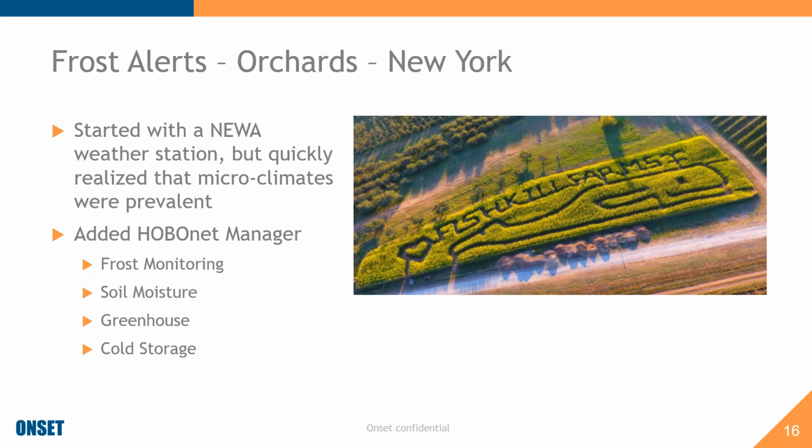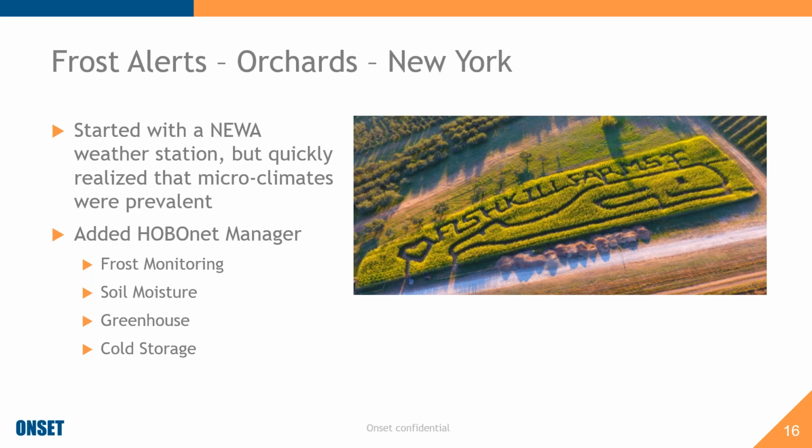But after this farmer reached out to us, and looking at what more our weather stations can do with the addition of the HOBOnet capabilities, they decided to add temperature measurements for frost monitoring, and some soil moisture points, so that they could also experiment with improving their irrigation decisions and planning.